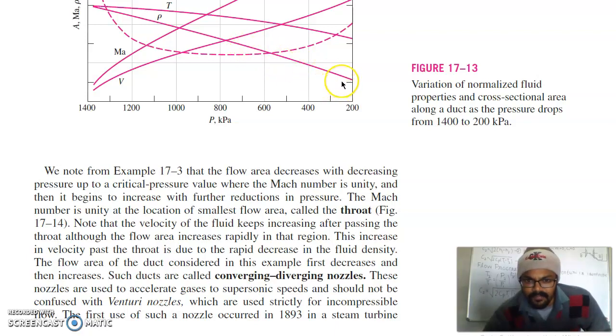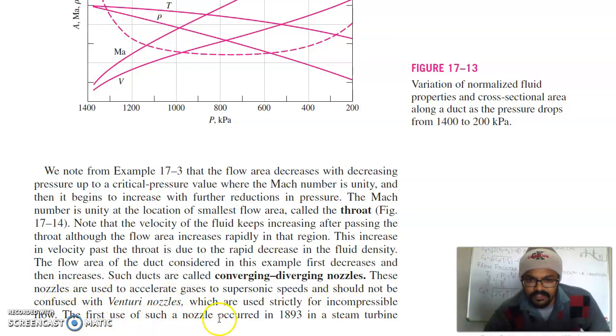So that's why, even at low pressure, we have to increase the cross-sectional area of the nozzle. The flow area of the duct considered in this example first decreases and then increases. Such ducts are called converging and diverging ducts. These nozzles are used to accelerate gases to supersonic speeds and should not be confused with Venturi nozzles, which are used for incompressible flow.